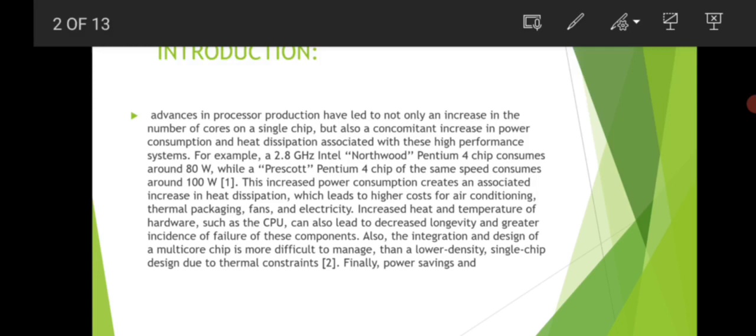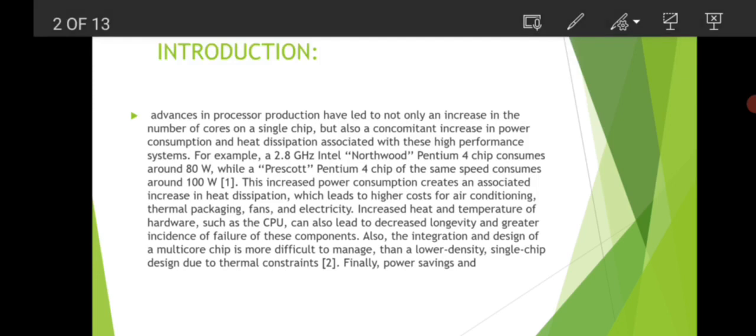Also, the design of a multi-core chip is more difficult to manage than a lower density single chip design due to thermal constraints.